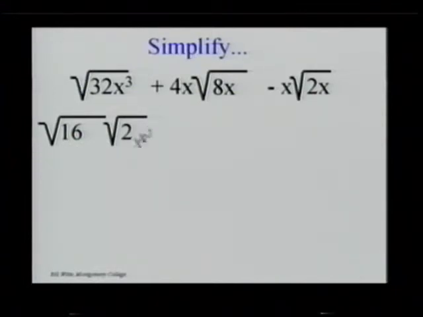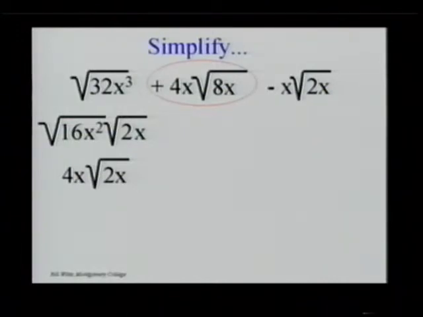X to the 3rd, I'll break into x to the 2nd and x, okay? Taking the perfect square root, 16x squared, I'll get 4x, and I'm left with the garbage, 2x. So this guy's simplified. Now, can we do anything with the middle term here?